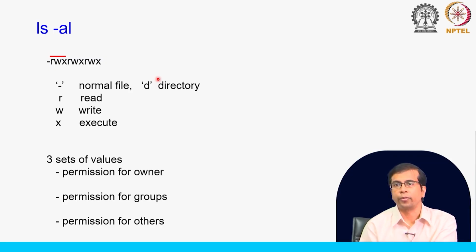Now, the question is, can we change these permissions? This is good, we see these rwx values. For example, I am creating a file as an owner in the Linux system and I want to keep the write and execute permissions to myself. I do not want to give the write and execute permission to others.